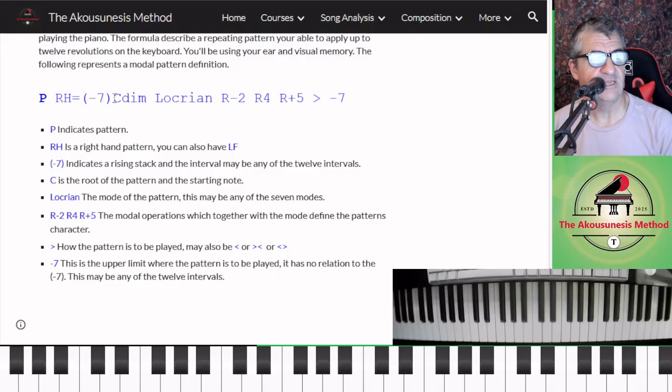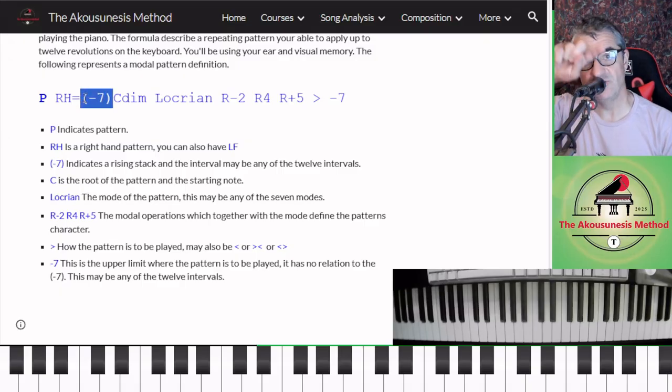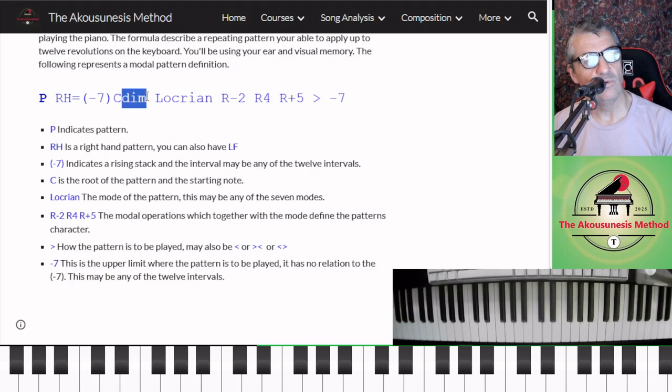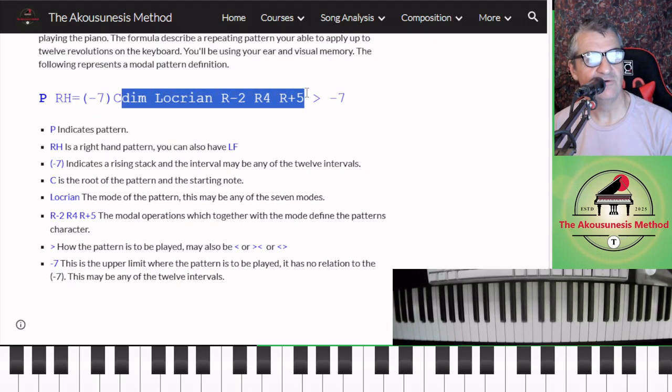This here, because I don't want to drag images up as well, this is the terminology now that I use, as well as a loop terminology I've got as well, for a rising stack. Right, so what does a rising stack mean? Well, it just means we have a definition, right? We have a modal pattern definition. We can now apply this anywhere on any note.